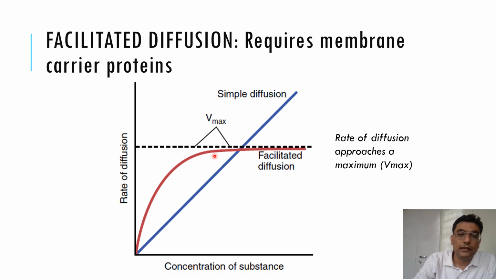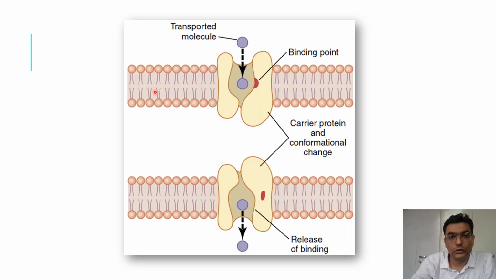Here the rate of diffusion is maximum, and after that the graph is flat, a plateau phase. This maximum rate of diffusion in facilitated diffusion is known as Vmax. Why this happens, we will see. As you can see, in facilitated diffusion there is involvement of a carrier protein.